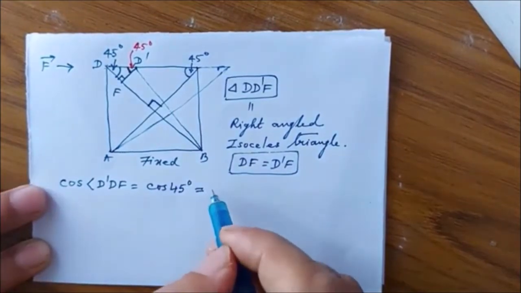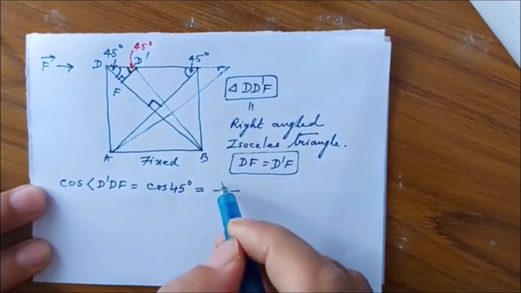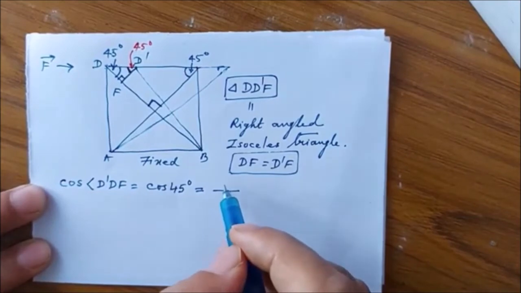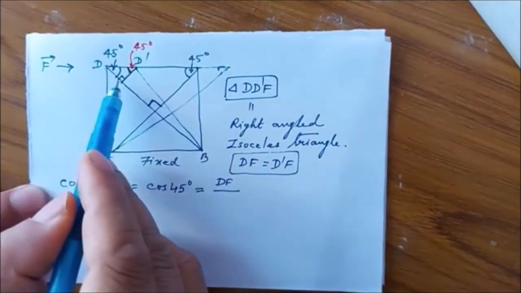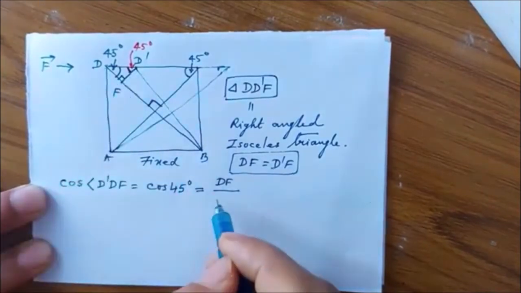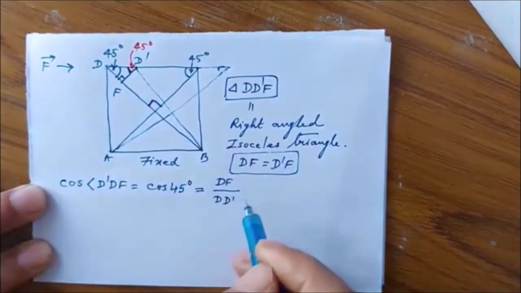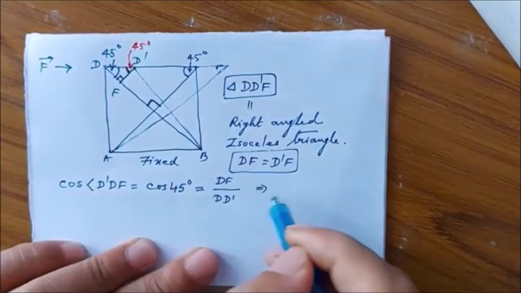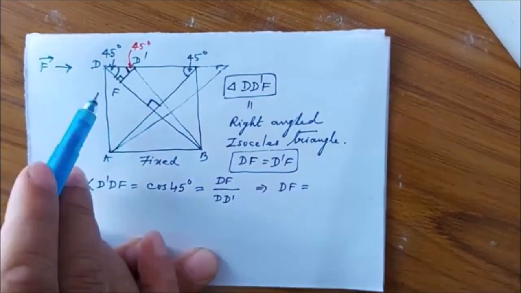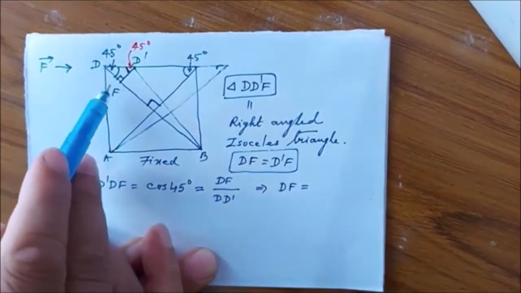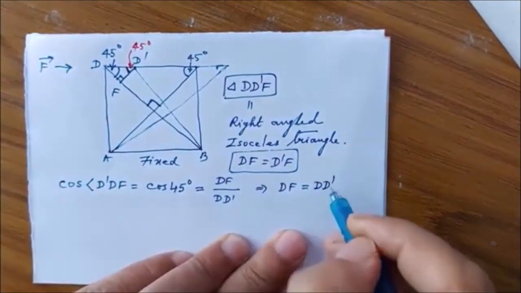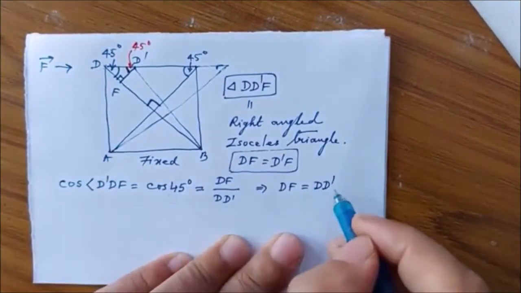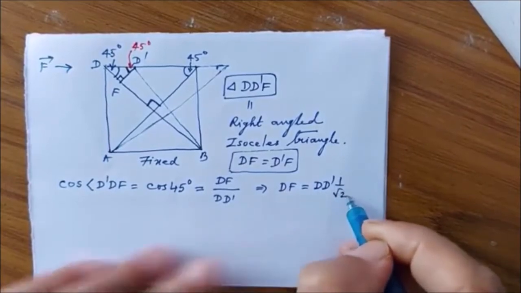By definition, it is base by hypotenuse, and base is df and hypotenuse is dd prime. So df, which is the amount of change in length or contraction, is dd prime into cos 45, which is 1 by root 2.